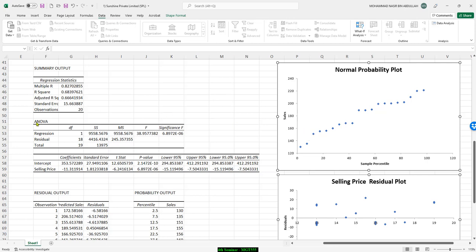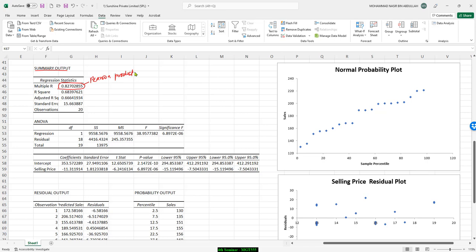So dekat sini, the first table they give a summary output, which is multiple R, which is our Pearson product moment coefficient of correlation lah. But the value is not true.